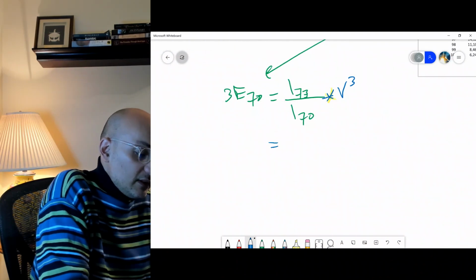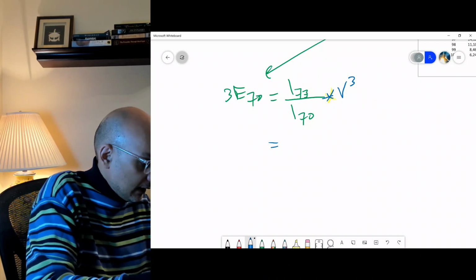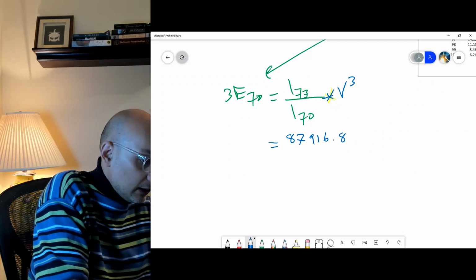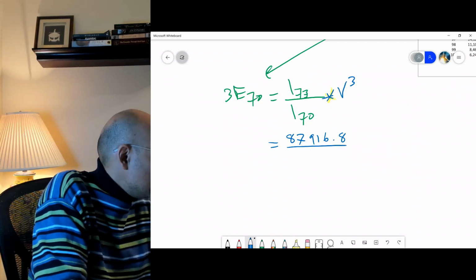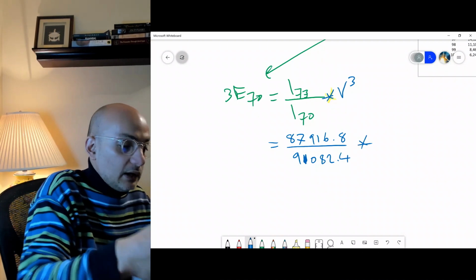So L73, I showed you where to find it, it's 87916.8 divided by L70, 91082.4, multiplied by V3.